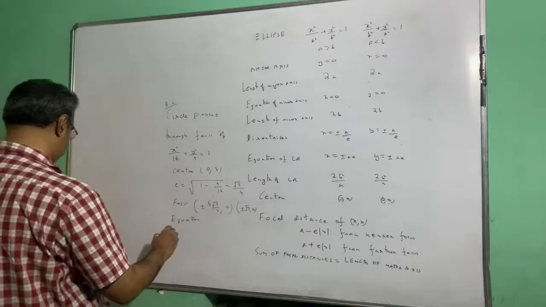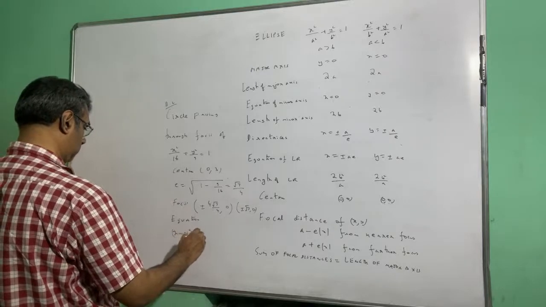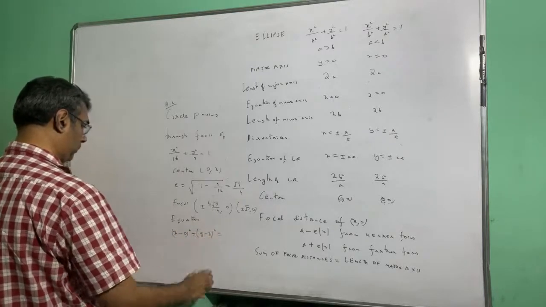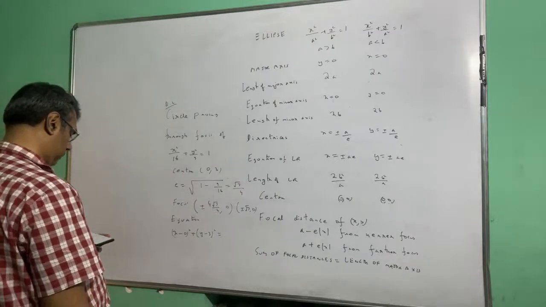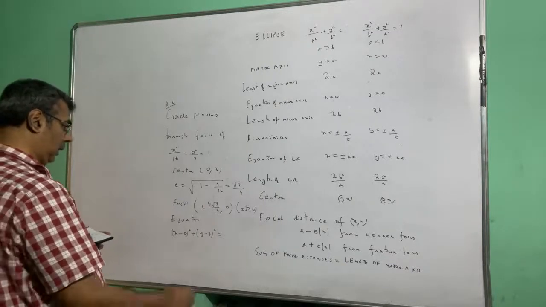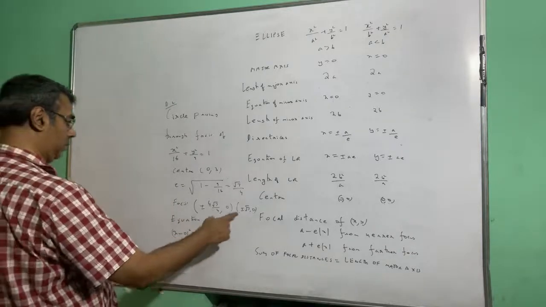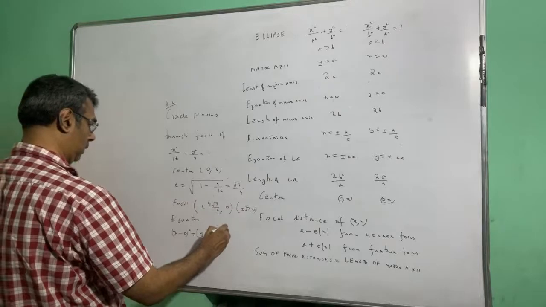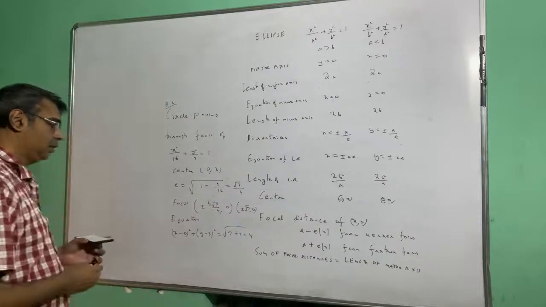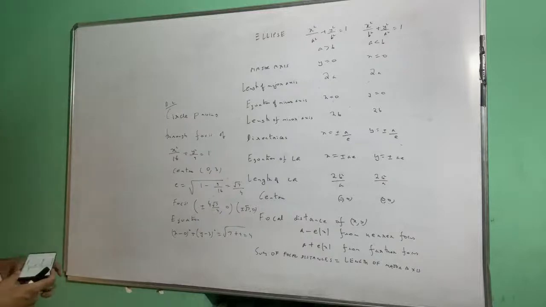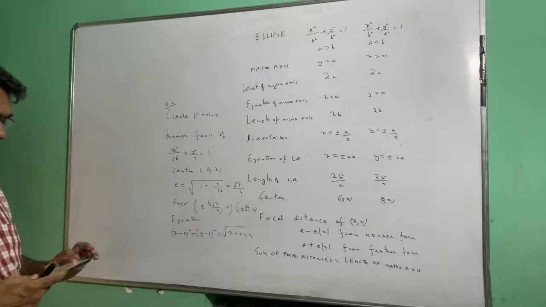And the equation will be x minus 0 whole square plus y minus 3 whole square equal to the distance between these two. So the distance between these two is root over 7 plus 9, that is 4. So x minus 0 whole square plus y minus 3 whole square equal to 4.